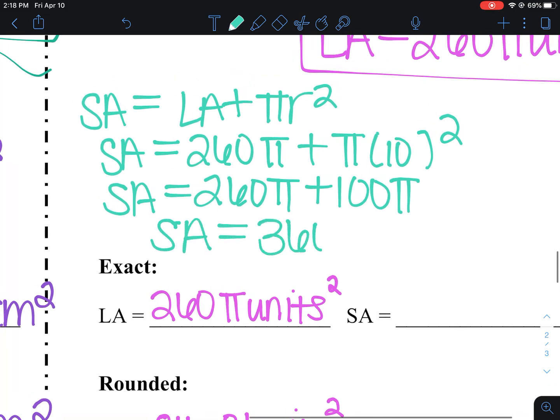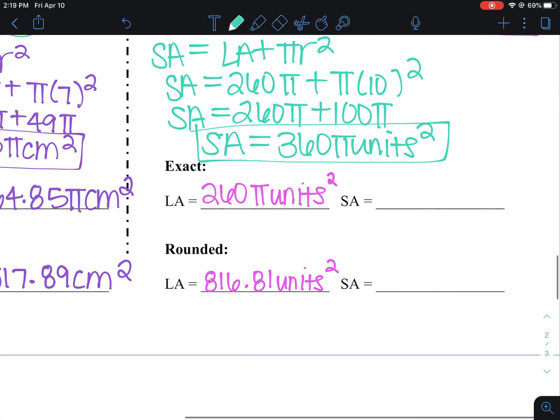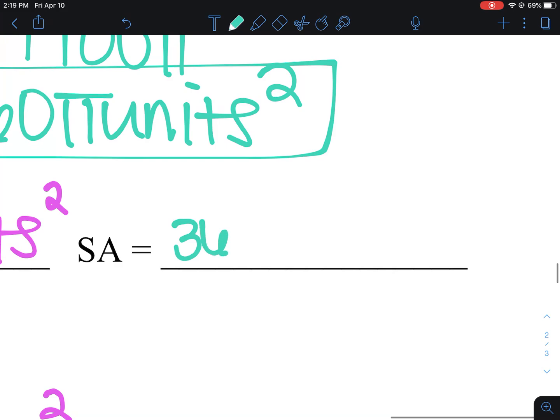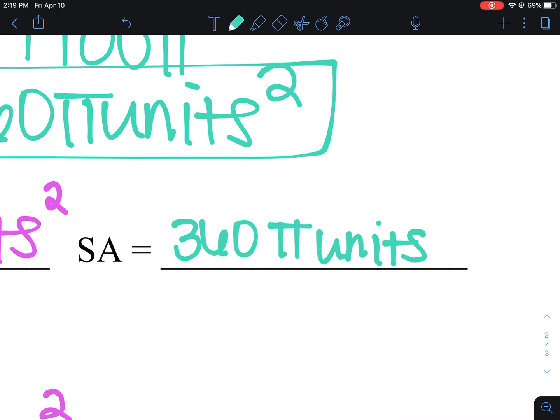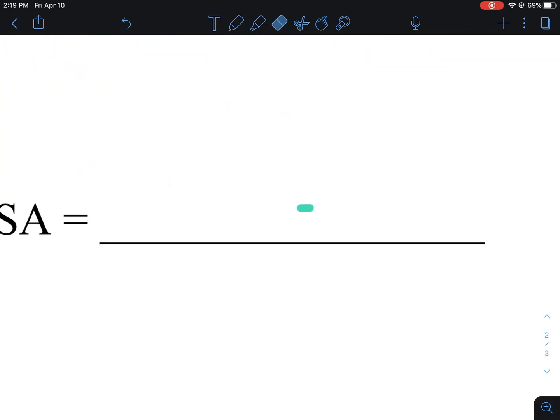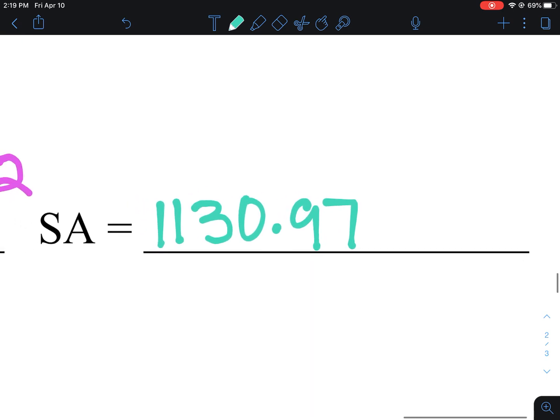So that would be 360 pi units squared for the surface area. So that's the exact answer, 360 pi units squared. And then for the rounded answer, that would be 1130.97 units squared.